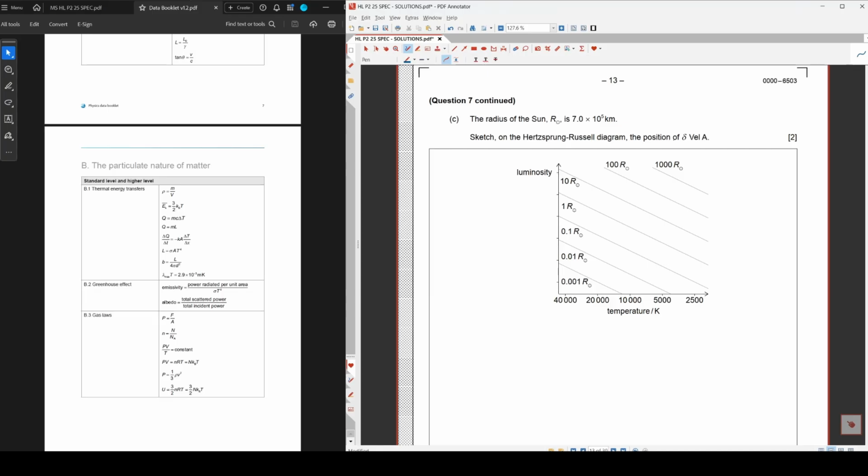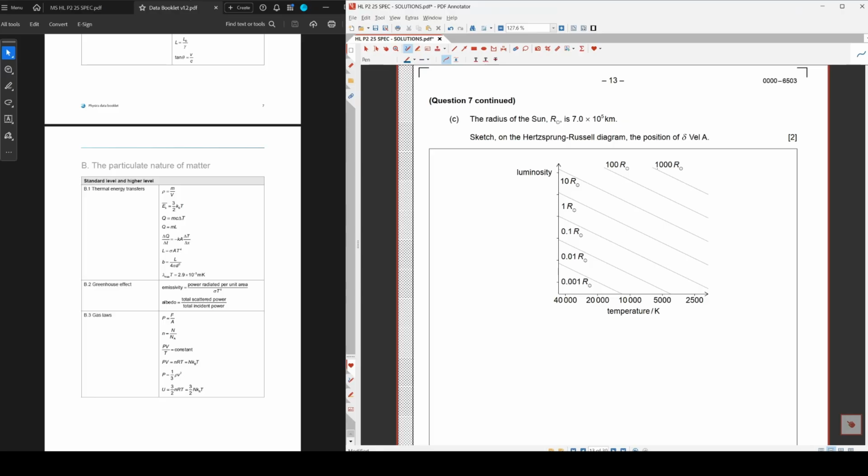Sketch on the HR diagram the position of this star. This is a thing that I think they are adding this year, so it's almost definitely going to come up. An HR diagram has been there, but the whole lines of constant radius they're stressing this year. So remember how these work. If you have your weird HR diagram, remember temperature goes backwards and we got luminosity on Y. Stars on these diagonals would all have the same size.